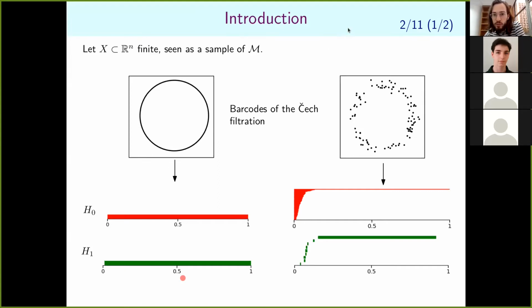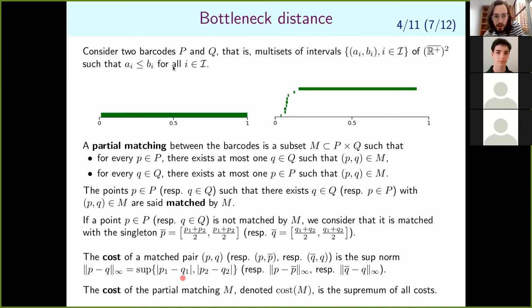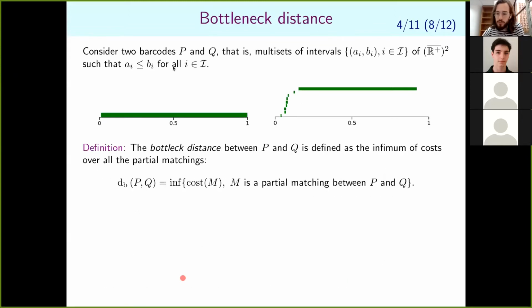Is it easy to prove that this is a metric? So actually it's a pseudo extended metric. I will write that in the chat. Extended means that it can take the value plus infinity.